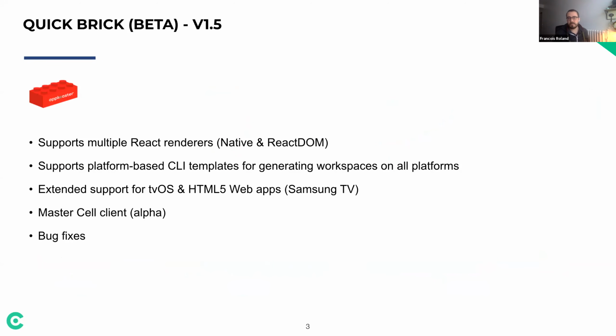We added extended support for tvOS and HTML5 web apps, dedicated to building on Samsung. We also introduced an alpha version of the client side of the master cell, and a bunch of bug fixes and things like that.